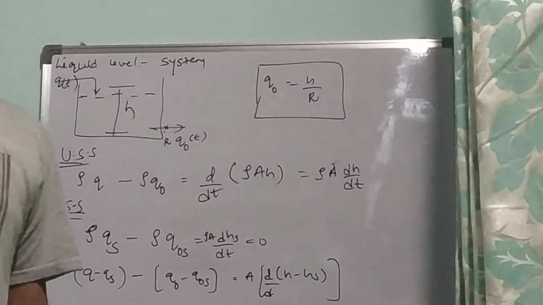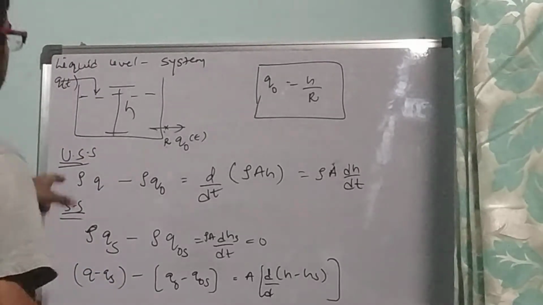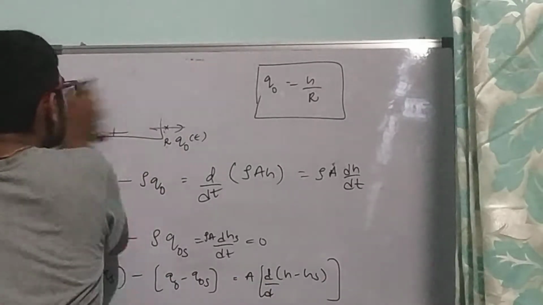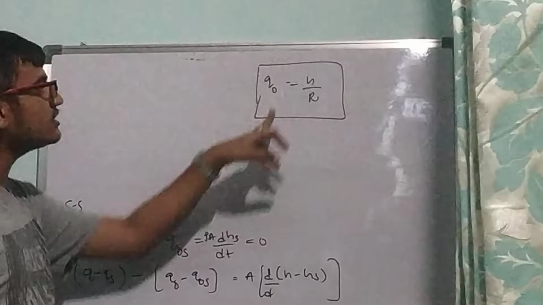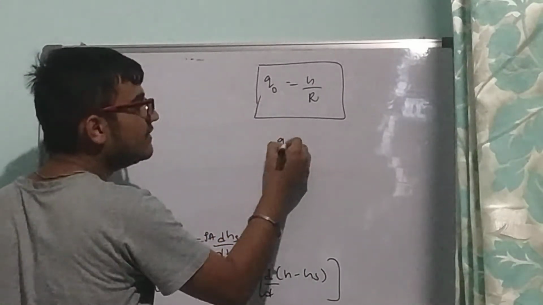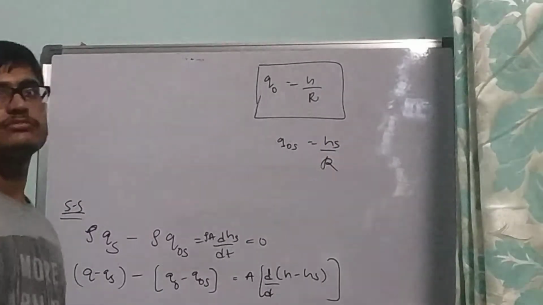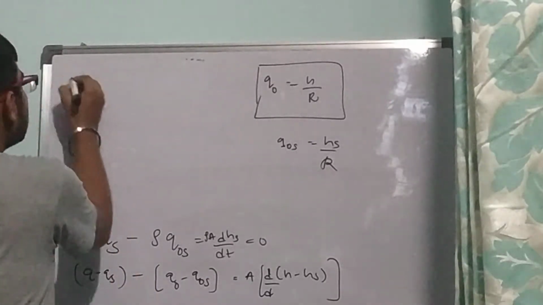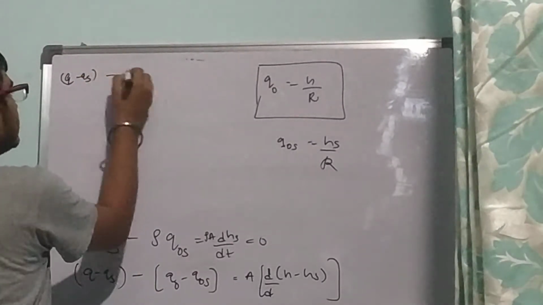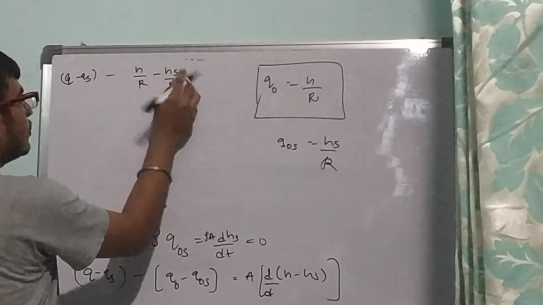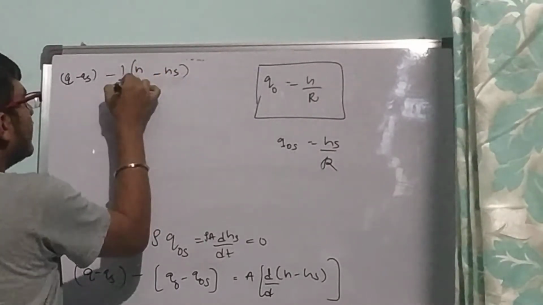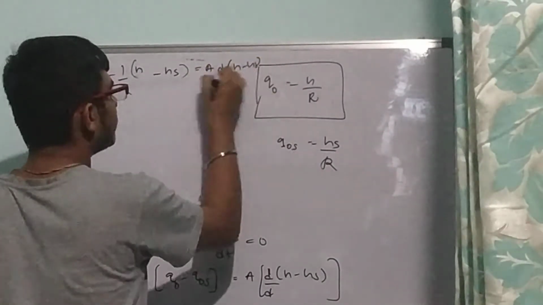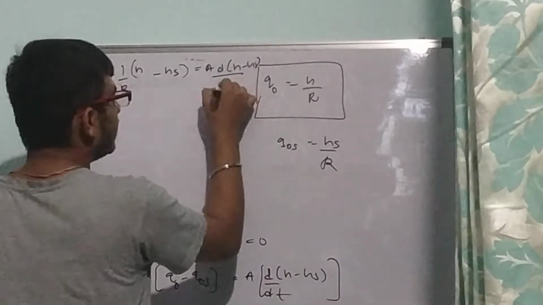So subtracting these two equations, Q minus Qs, Q naught minus Q naught s is equal to so and so. But we know Q naught is H by R, so Q naught s at steady state will be Hs by R. Yes or no? So this can be written as Q minus Qs minus H by R minus Hs by R, or simply 1 by R into H minus Hs is equal to A into d of H minus Hs by dt.